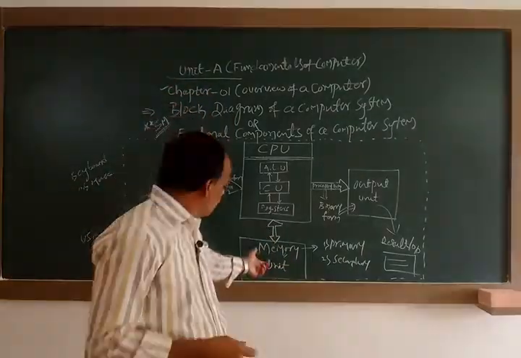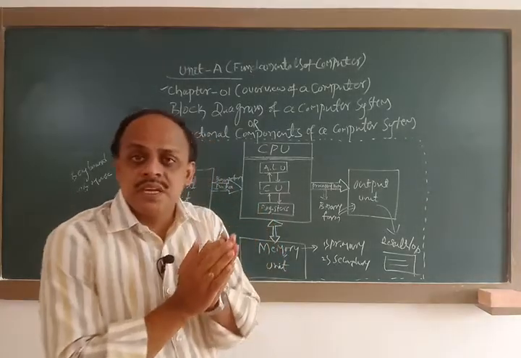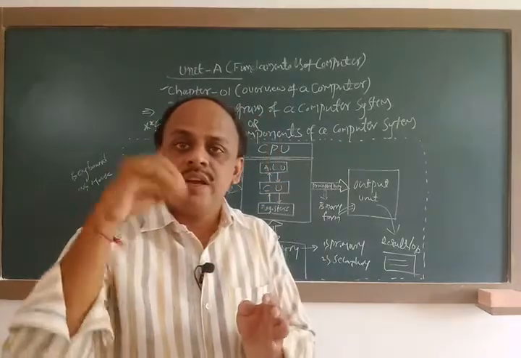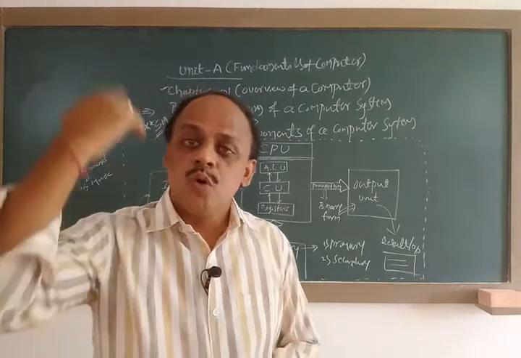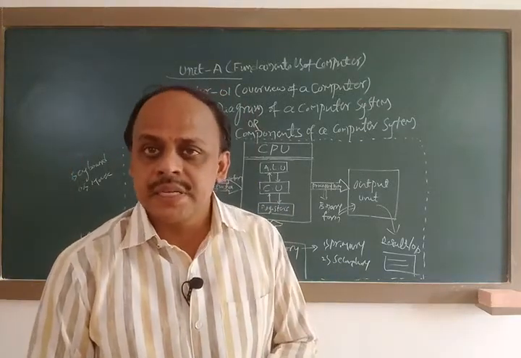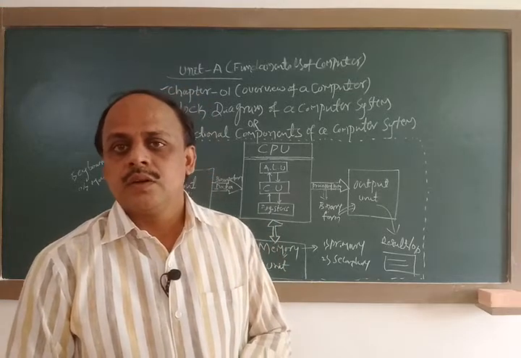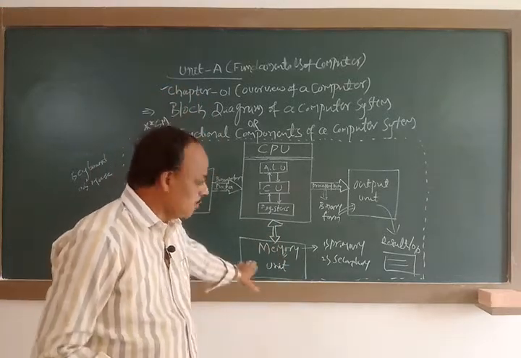So the memory unit is just a space or location where user entered information or results are going to be stored for future purpose. Okay, this much you have to write for 5 marks.